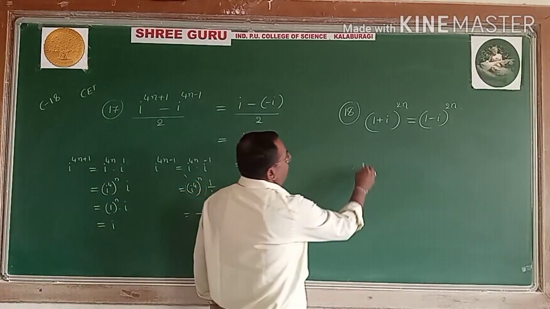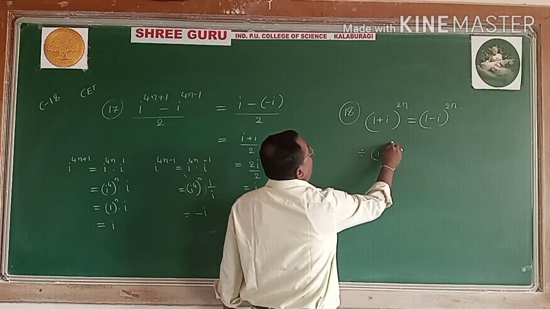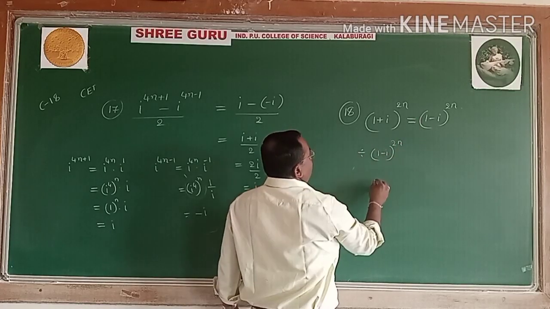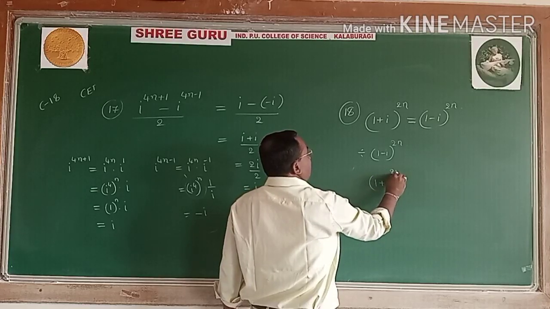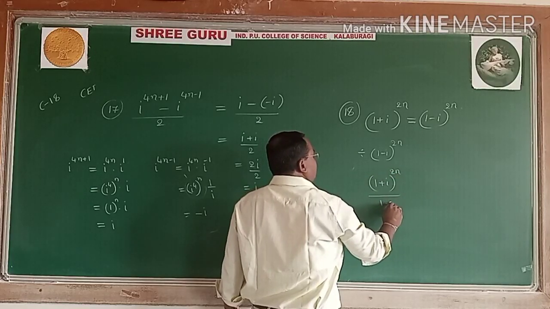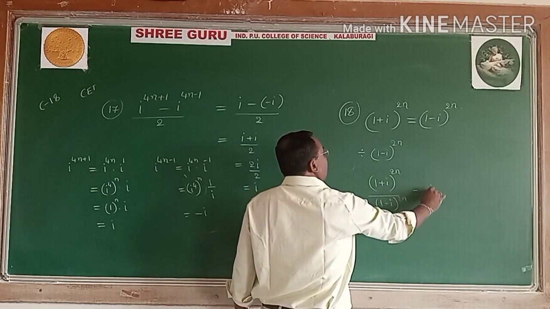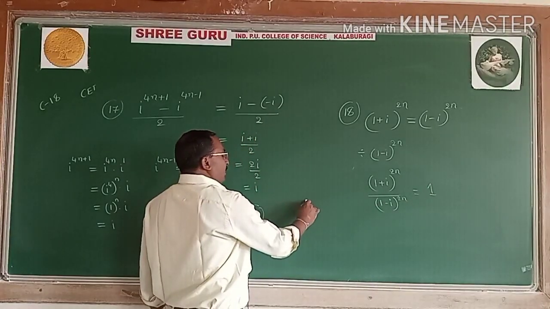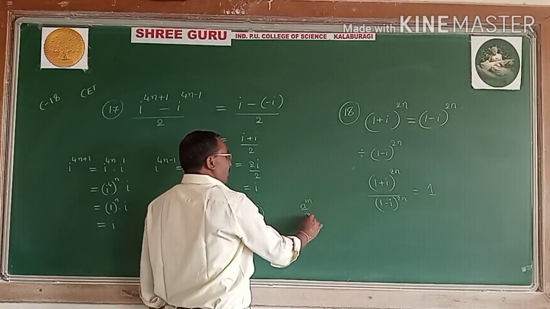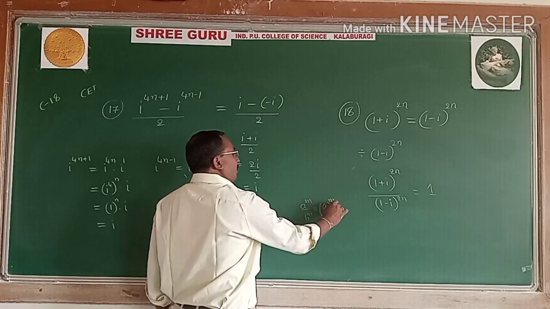Divide by 1 minus i whole power 2n on both sides. 1 plus i whole power 2n divided by 1 minus i whole power 2n is equal to 1. Do you know that a power m divided by b power m can be written as a by b whole power m?